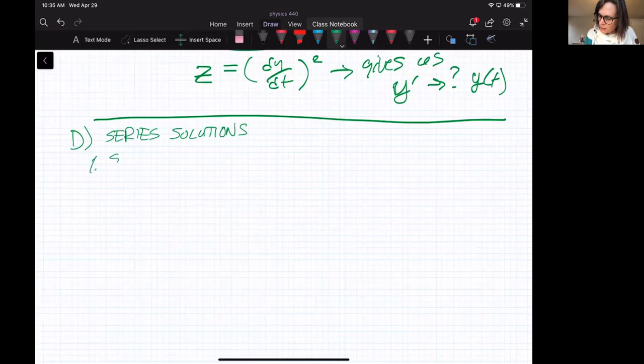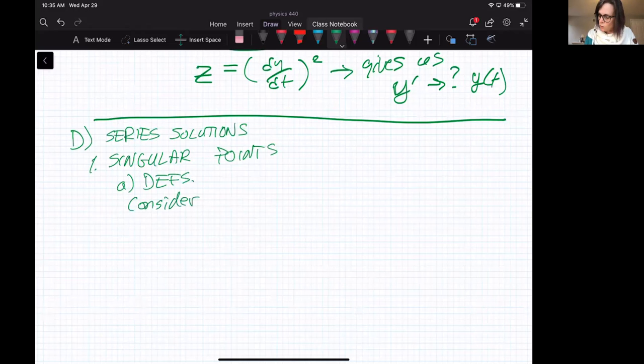Okay, so the first thing is to set up the problem and consider singular points. So we'll start with some definitions. We'll consider, in our usual way of writing a differential equation, y double prime plus a function p purely of x times y prime plus a function q of x times y is equal to 0.